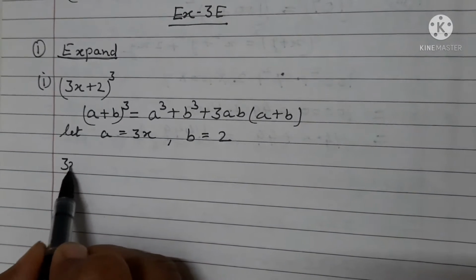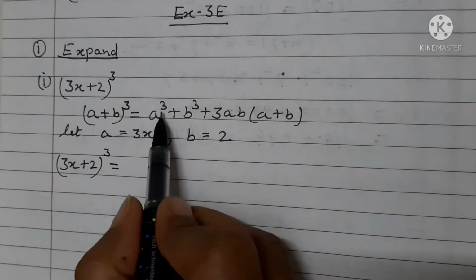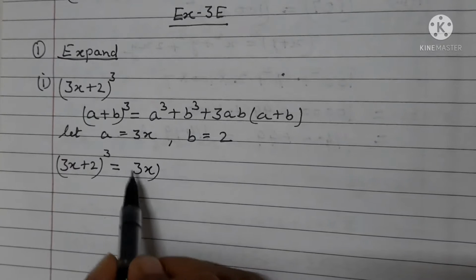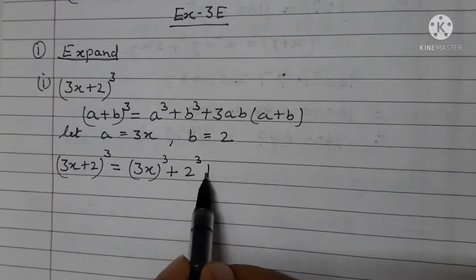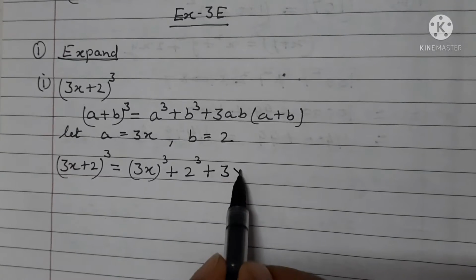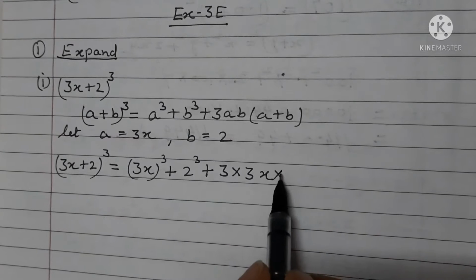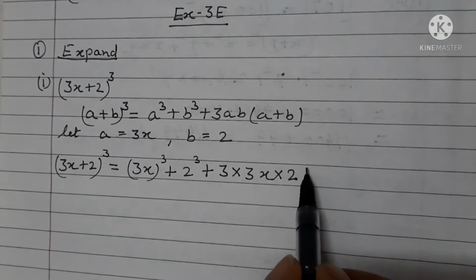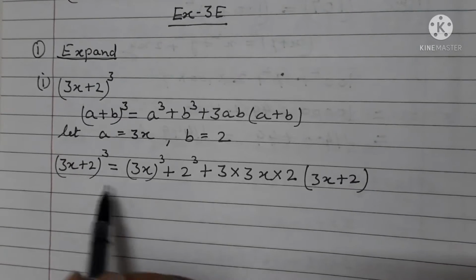So (3x + 2)³ = (3x)³ + 2³ + 3(3x)(2)(3x + 2).